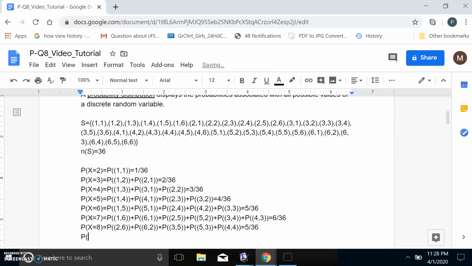So probability x is 9. So I could have a 3 and 6, or 6 and 3, or I could have 4 and 5, or 5 and 4. You can check that's it for this one.